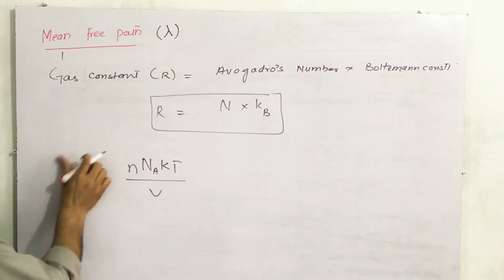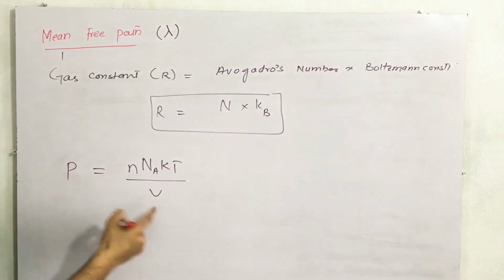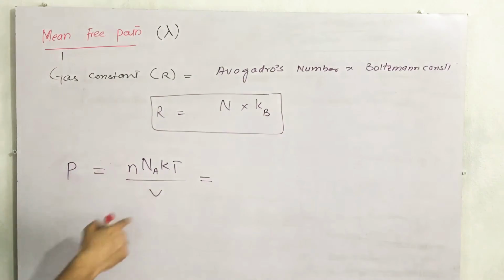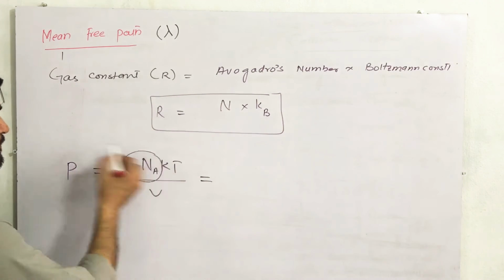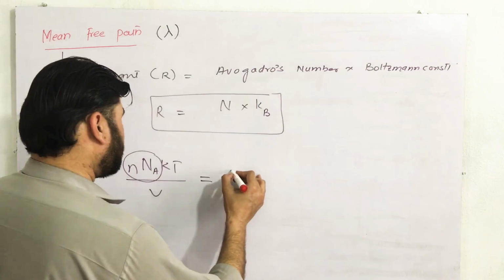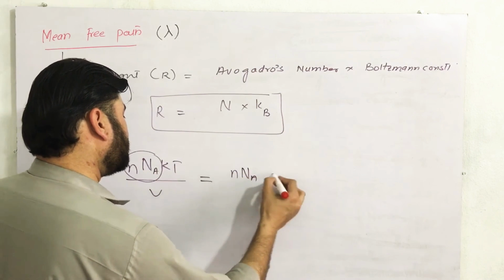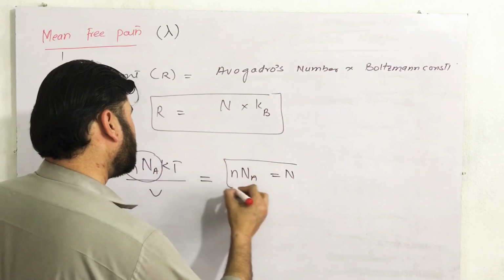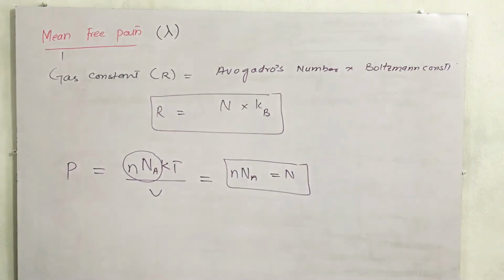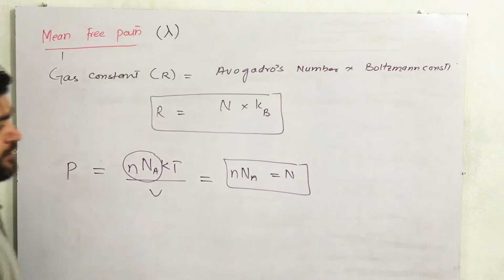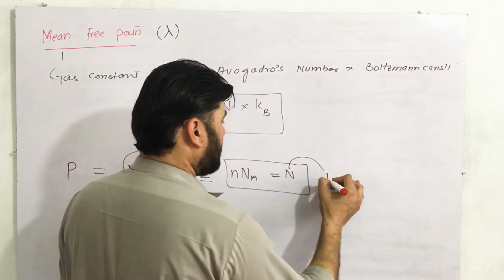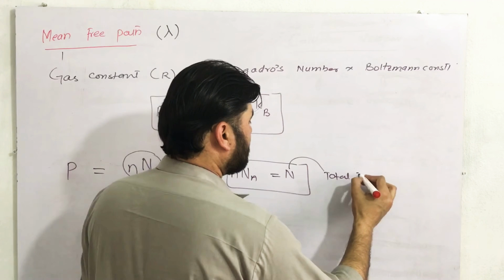So now the equation is P is equal to N A K T by V, and we can say one thing more. In place of n times N A we put capital N, which is the total number of molecules.